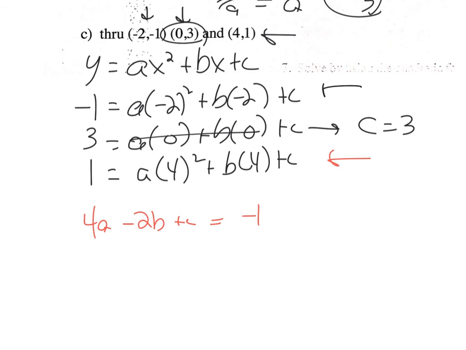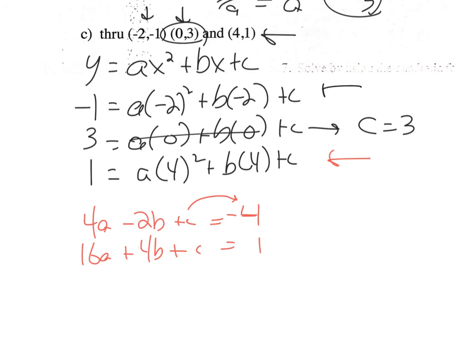This equation is going to be 16a plus 4b plus c equals 1. And I know c is 3. Now here's what I'm going to do. Because I know c is 3, I'm going to go ahead and take the 3 over there. It becomes negative 3, which means that's going to become negative 4 on that side.